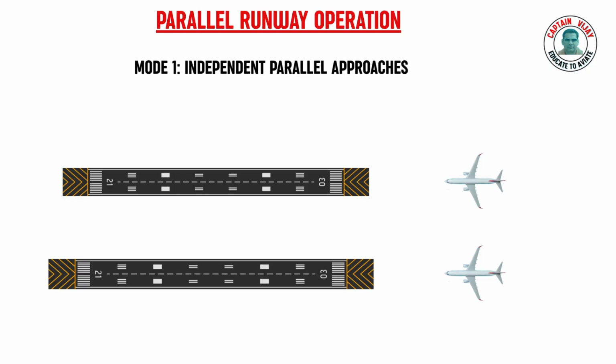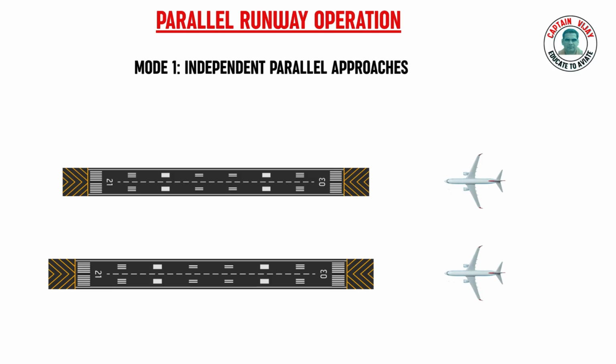Imagine a scenario when mode 1 independent parallel approaches are in progress for two parallel runways. Since it is an independent operation, there may be a situation when two aeroplanes on approach are exactly abeam each other.